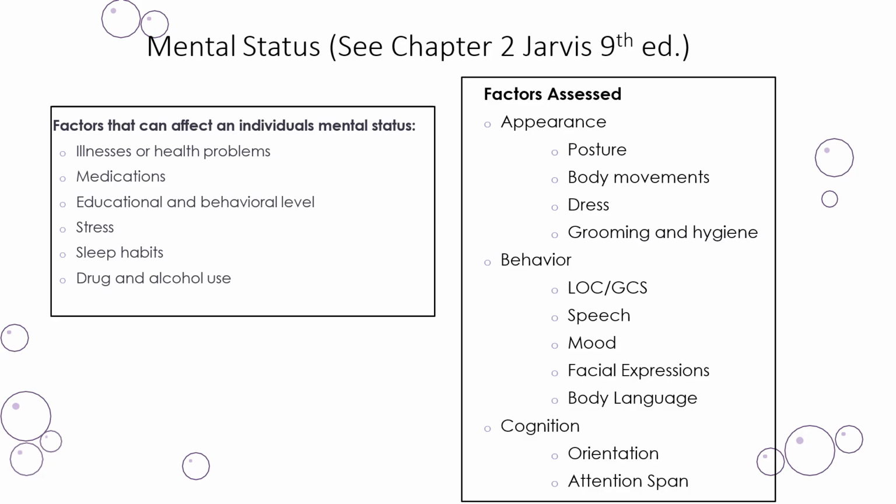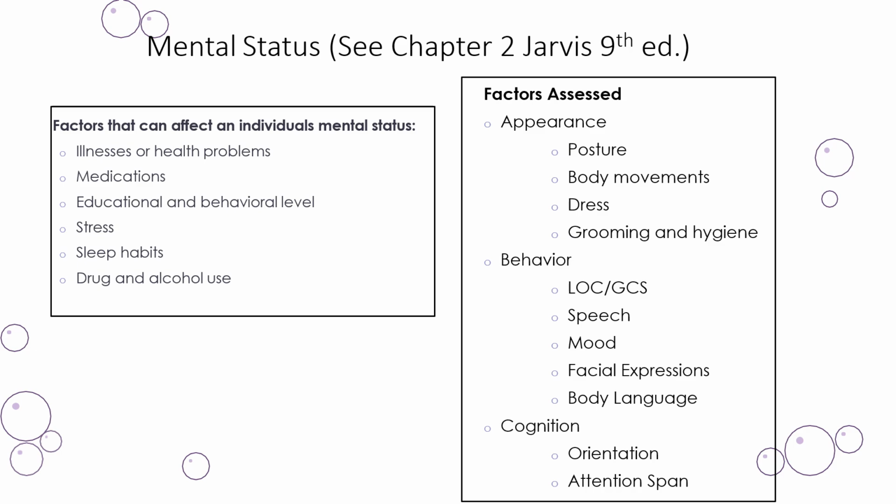So their mental status is important to assess. Some factors that can affect an individual's mental status is health problems. If they have an acute illness, an acute disease process happening, medications can affect it. Educational and behavioral levels, stress can play a part.